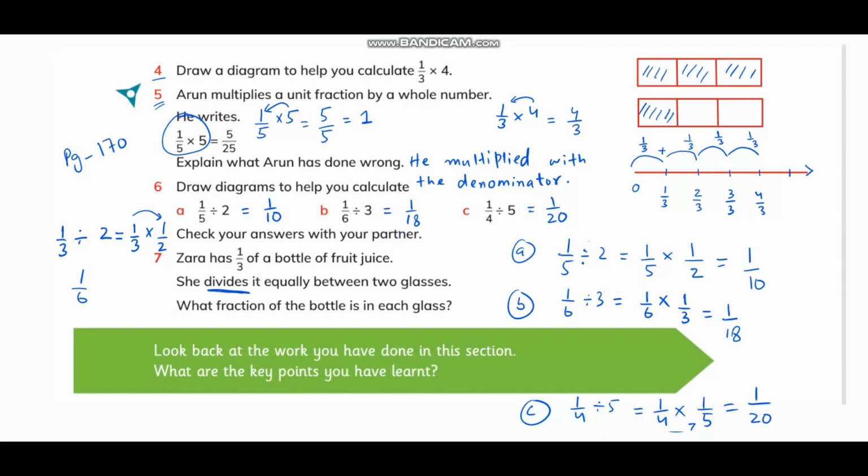So this one is the answer. You can write 1 by 6 bottle here. So this one will be the answer.